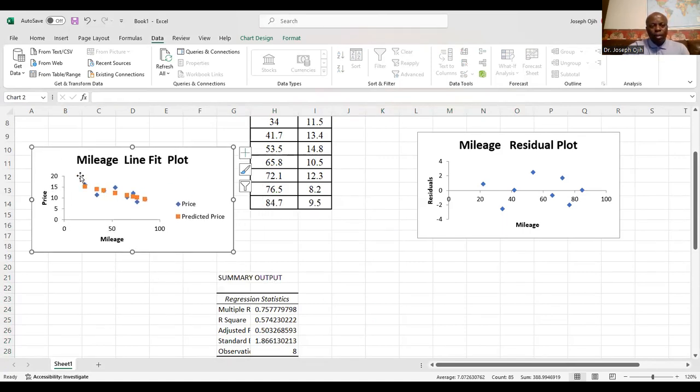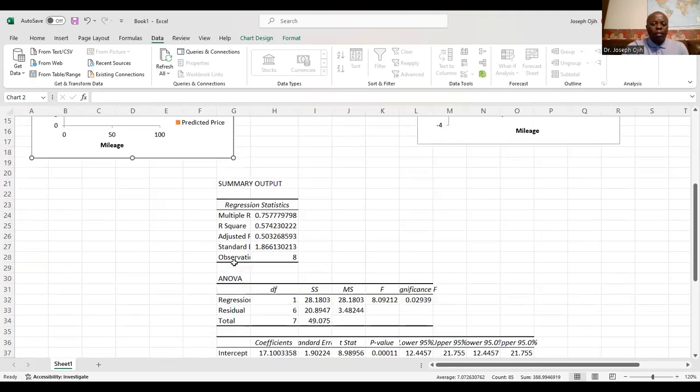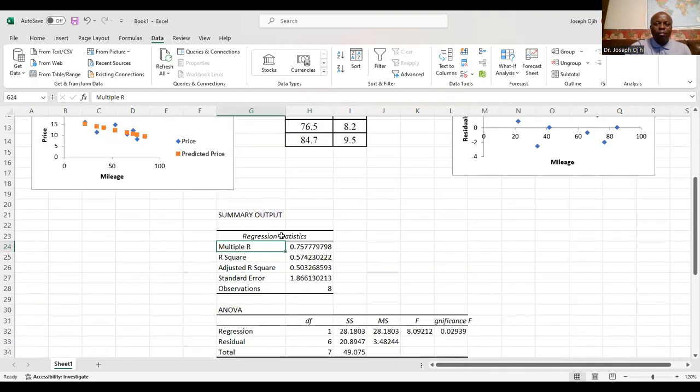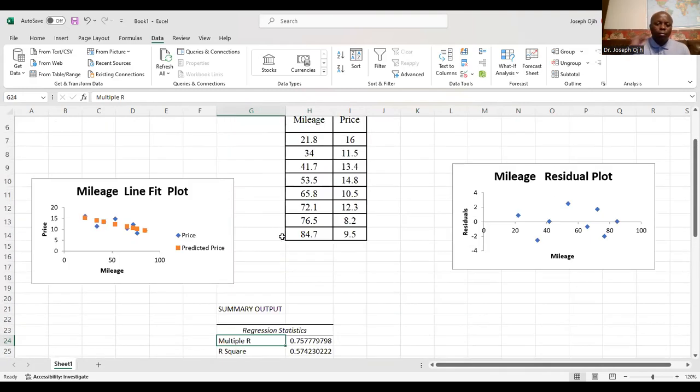I can see from the plot that mileage and price are trending down. To me, that indicates a negative correlation. Now, as you can see here, the output didn't tell us whether it's negative or positive. With all this output, we can now answer our questions in that other workbook.